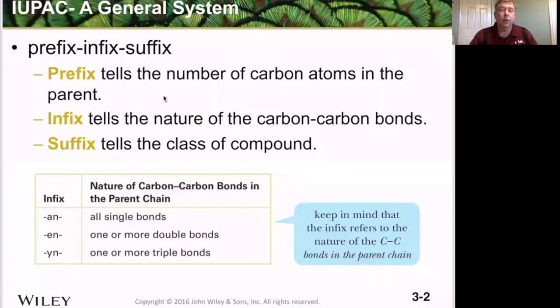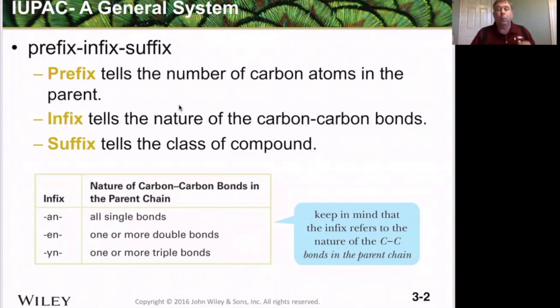If we look at our IUPAC name, the general system is we have a prefix, an infix or main, and a suffix, which tells us the class of the compound. The prefix tells us the number of carbon atoms in the parent. The infix tells us the nature of those carbon-carbon bonds. And then the suffix tells us the class of the compound.